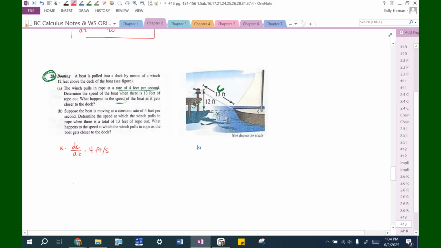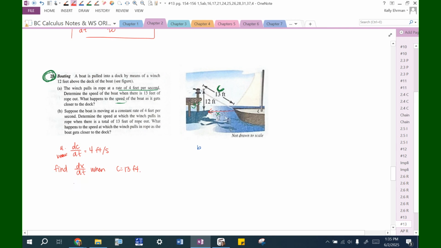What's the speed of the boat? So this is what I know. What they're asking me to find is the speed of the boat. Well, the boat is traveling on this horizontal path here, so that's dx/dt, when there are 13 feet of rope out, so when c equals 13 feet.